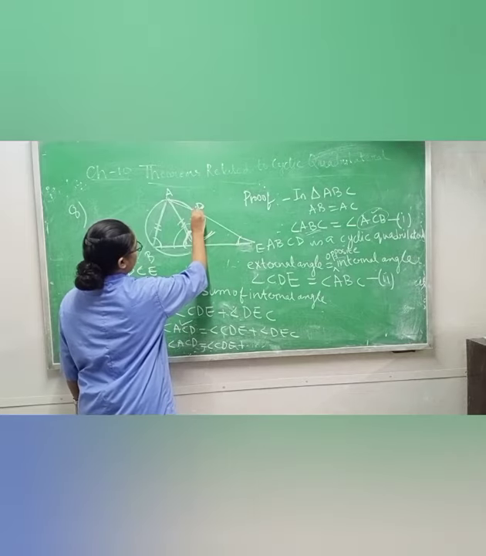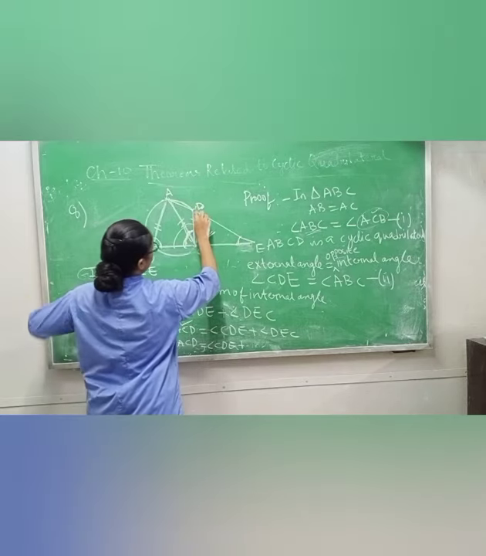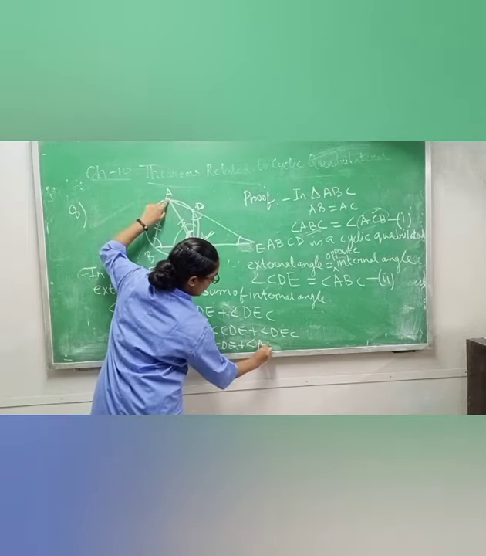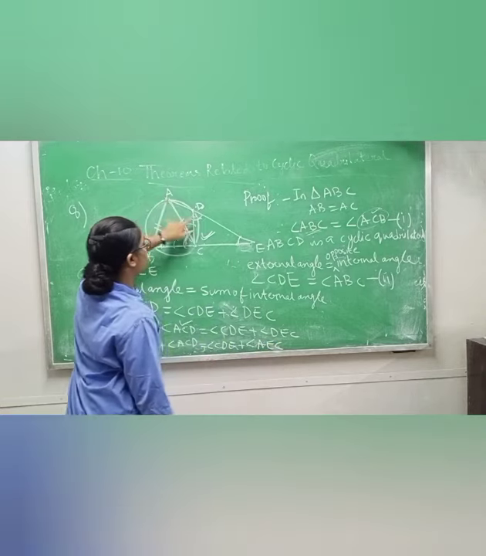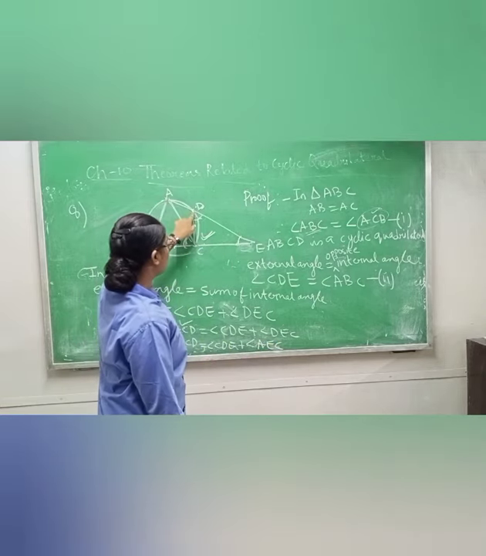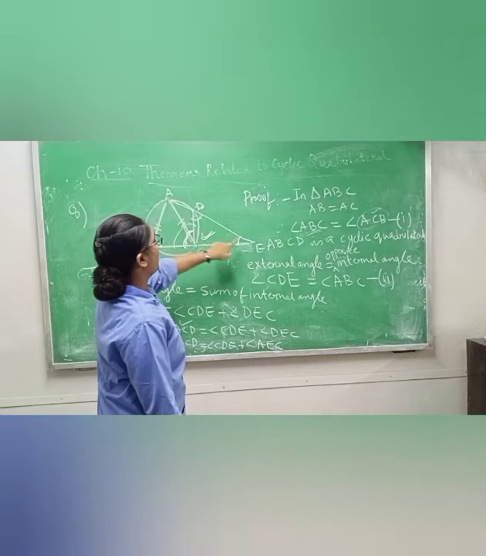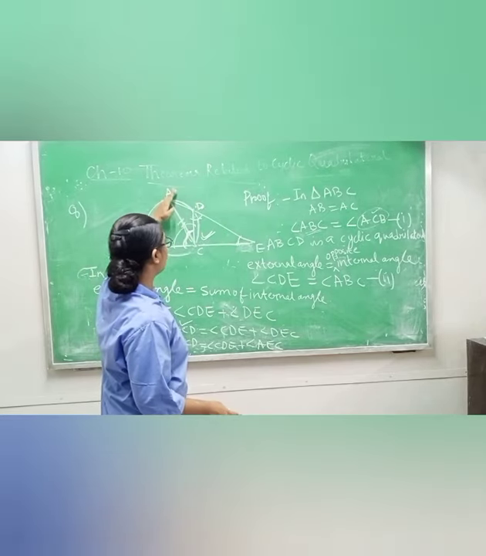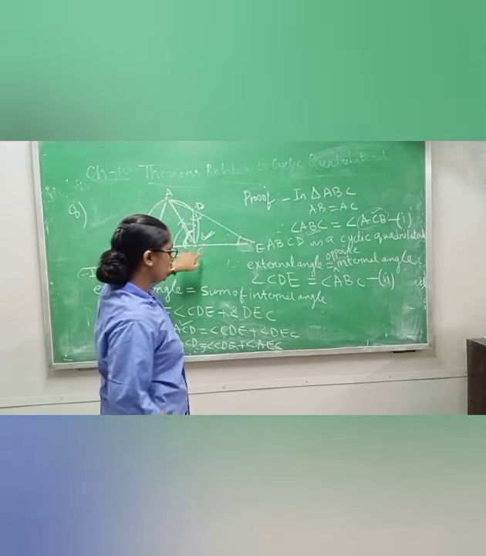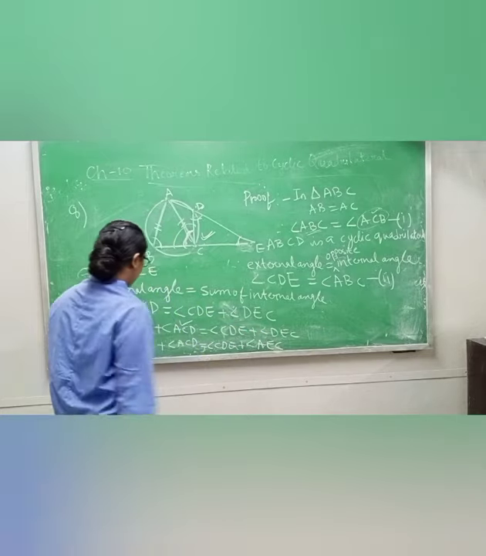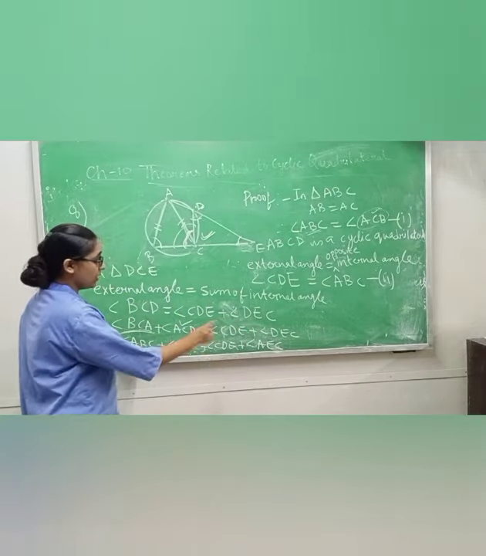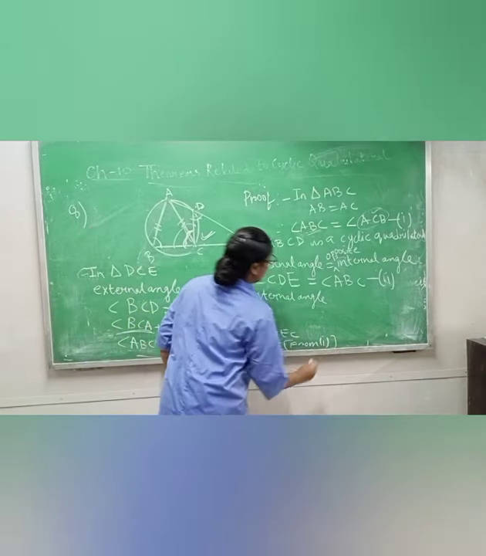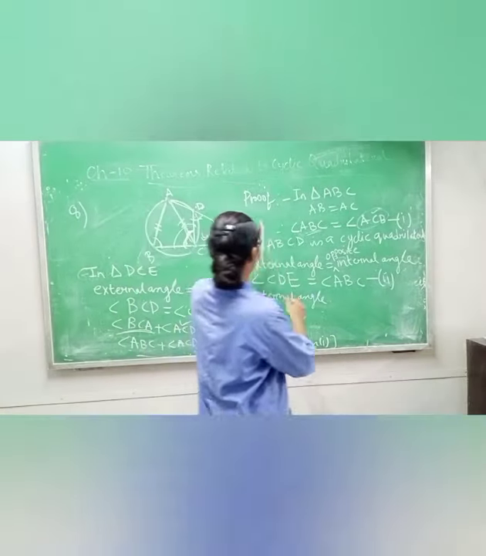If I extend this one up to here, in place of DEC I can write AEC also, because I am writing A instead of D; the angle is same. That is why in place of DEC I am writing AEC, and in place of BCA I am writing ABC from equation 1. Now I have some portion of the proving part.